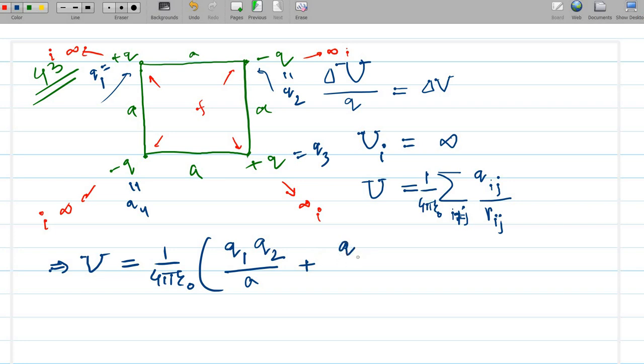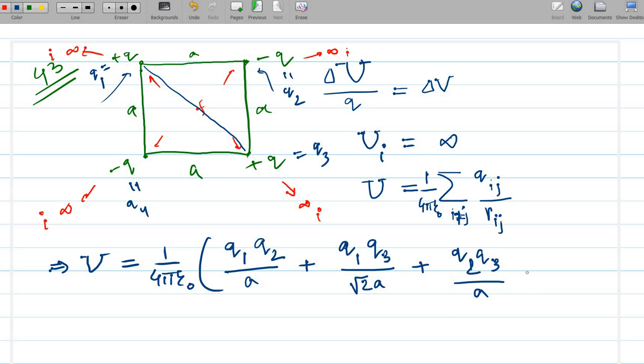So you have Q1 Q3 divided by, not A, but square root of 2 A, because it's this distance right here. But Q3 also has to work due to the presence of Q2, so Q2 Q3 divided by A.